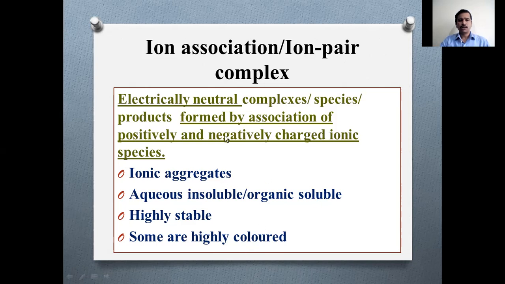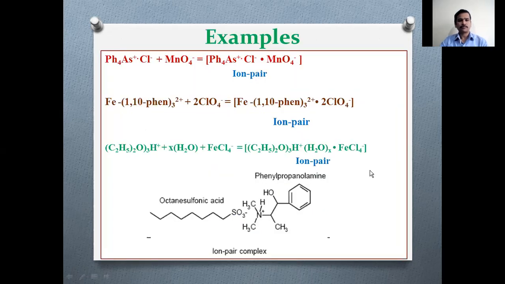Therefore, we can utilize these ion association complexes not only for the extraction process, but also when we want to determine the concentration of any analyte present in the sample, using photometric or spectrophotometric methods, and sometimes even the fluorescence spectrophotometric method, to determine the concentration of these ion association complexes.